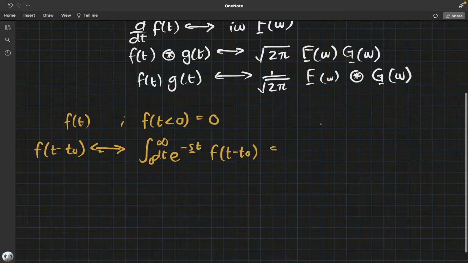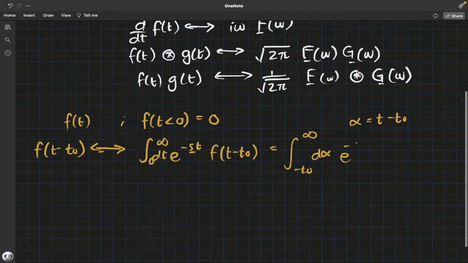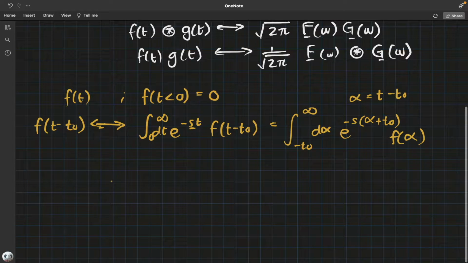Do a nice change of variables. So the variable is alpha equals t minus t naught, going from minus t naught to infinity, d alpha e to the minus s times alpha plus t naught, f of alpha.